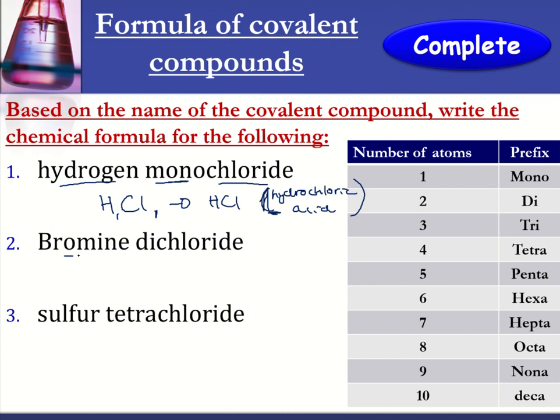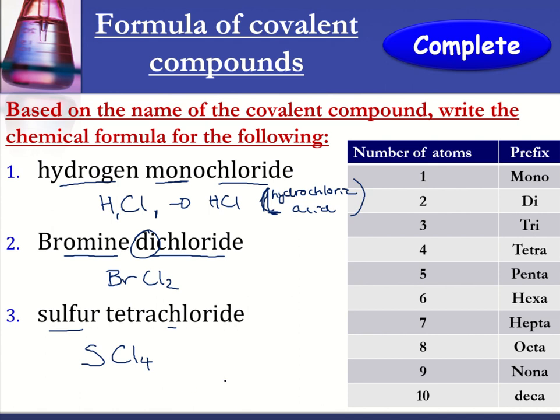Next one we have is bromine dichloride. So bromine is Br, chloride is Cl, and we have two of them. So there's that. We have sulfur tetrachloride, 4 of those. So that's how you do the naming and writing the formulas of covalent compounds.